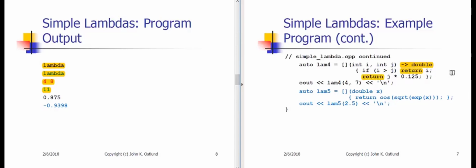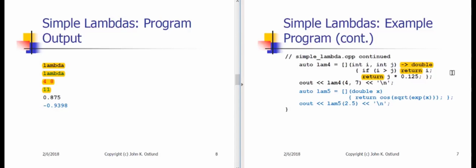In the first return, in the case where the parameter i's value is greater than the parameter j's value, I'm returning i, which is an int. But if i is not greater than j, I'm returning j times 0.125, which is a double.